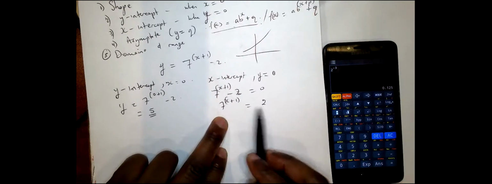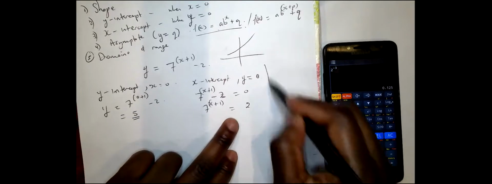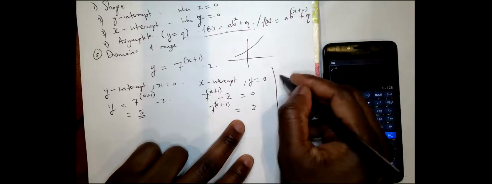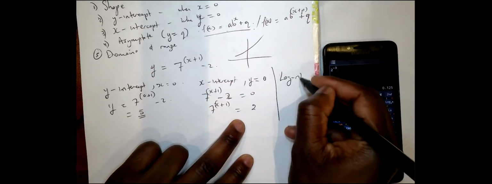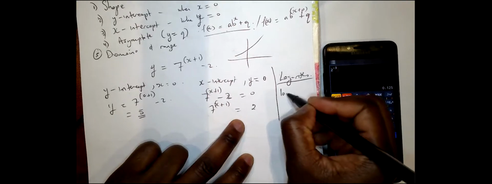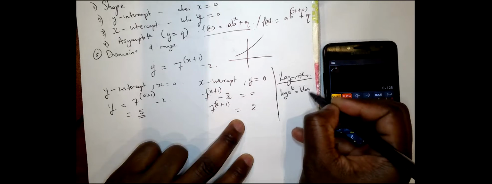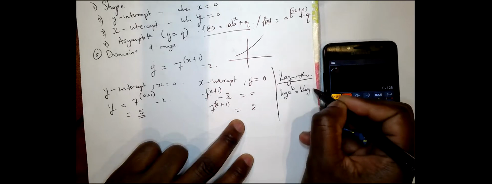Whenever you face something like this, with the variable in the power, you use logarithms. There are theorems of logarithms where log a to the power of b is equal to b log a.